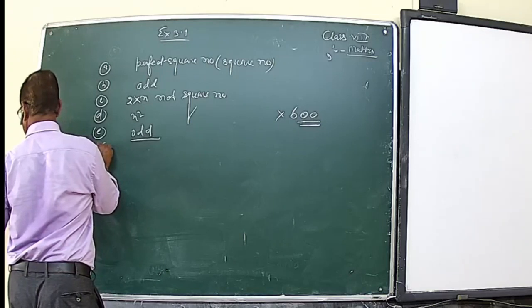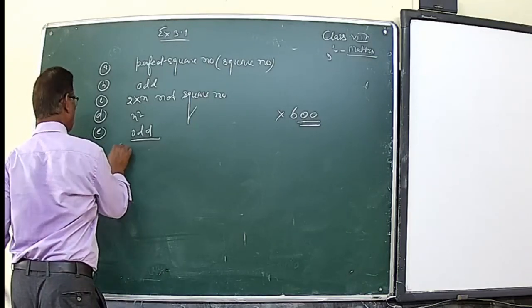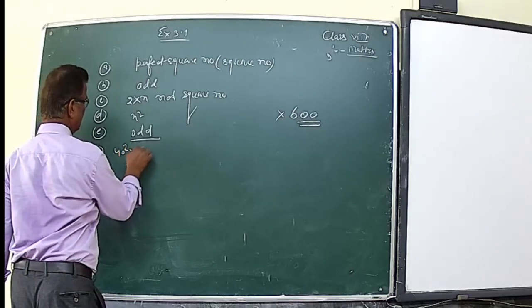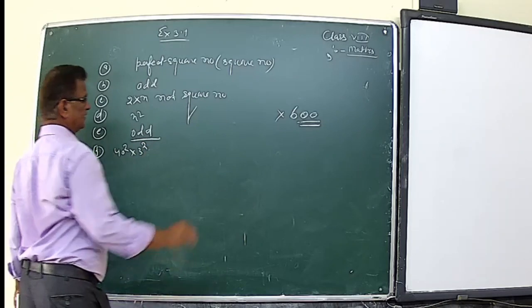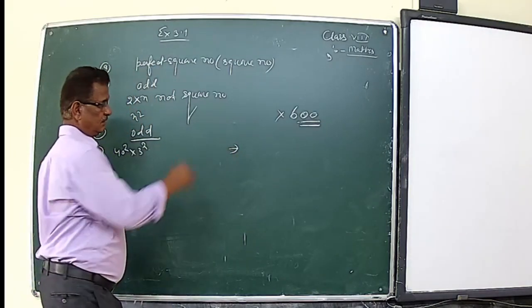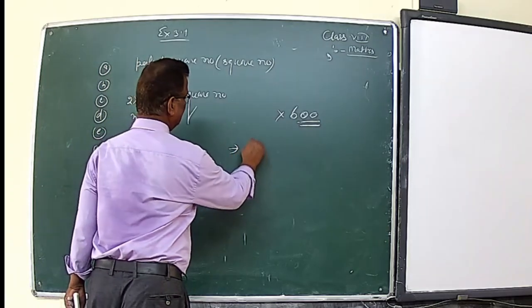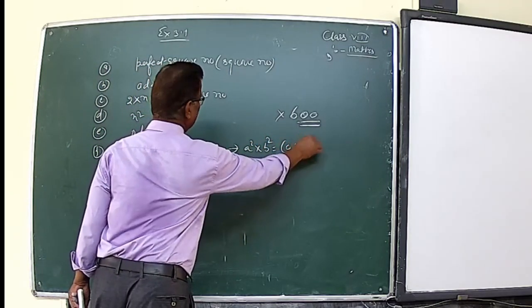And now see what F is. 40 whole square into 3 whole square. I tell you, use the exponent law: a square into b square is equal to (ab) whole square.